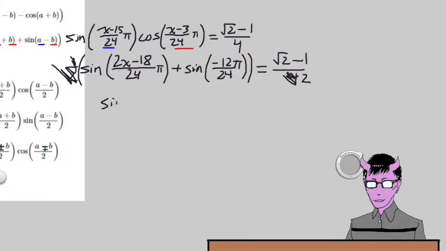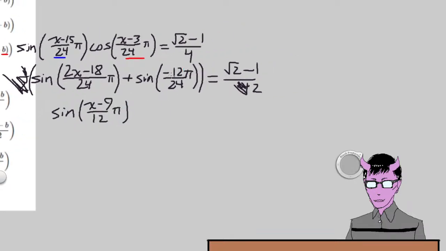So we get sine of x minus 9 over 12 times pi. That one, 12 cancels with this one over 2, so we have a negative pi over 2, which is an interquadrant angle. Perfect. So that's going to be nice to evaluate. This one's unchanged.